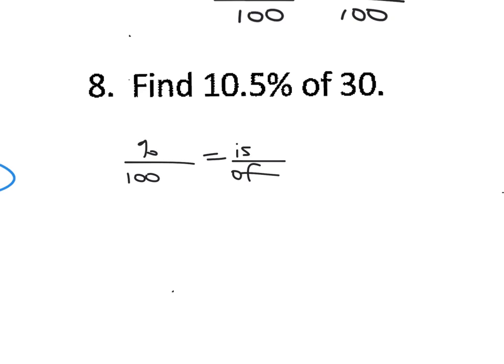Okay, so they've given us a percent, so I'm going to replace my percent with 10.5. Of 30. So of 30, 30 is our total. And what we're looking for is the number out of 30 that makes 10.5%. So x is what we're solving for.